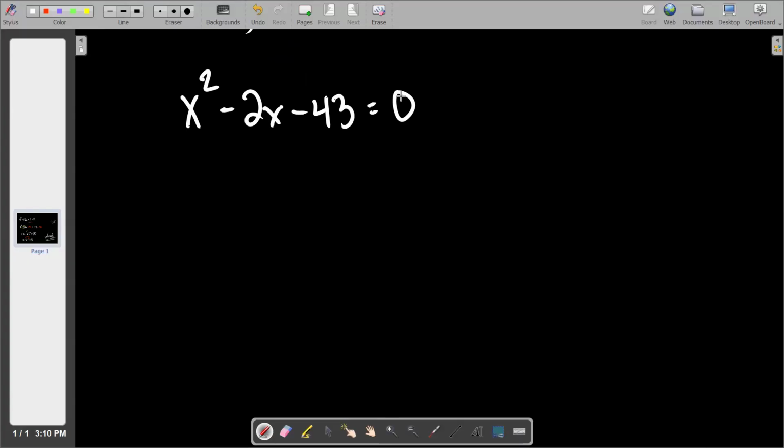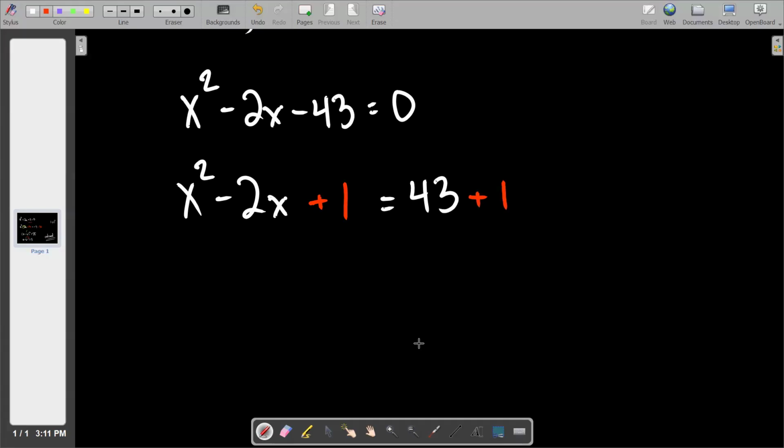So you won't have to worry about the dividing thing until you get to the Delta Math assignment. Okay. All right. So what do we do? It'd be x squared minus 2x blank equals positive 43. Nice. And then half of negative 2 is negative 1. Squared is positive 1. Nice job. So we're going to complete the square like this and like this.